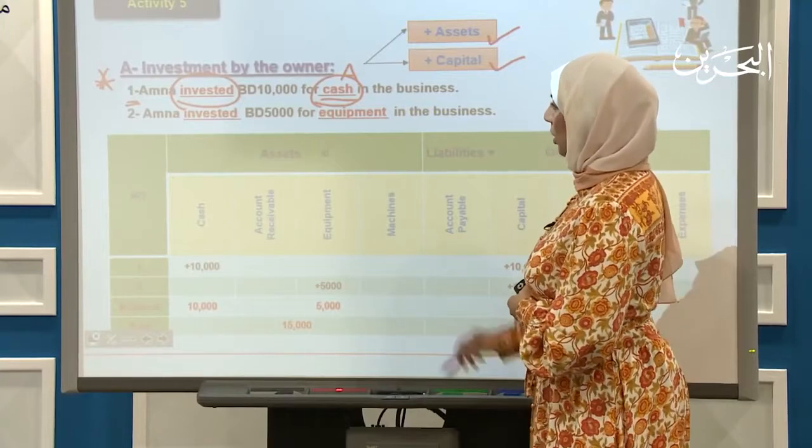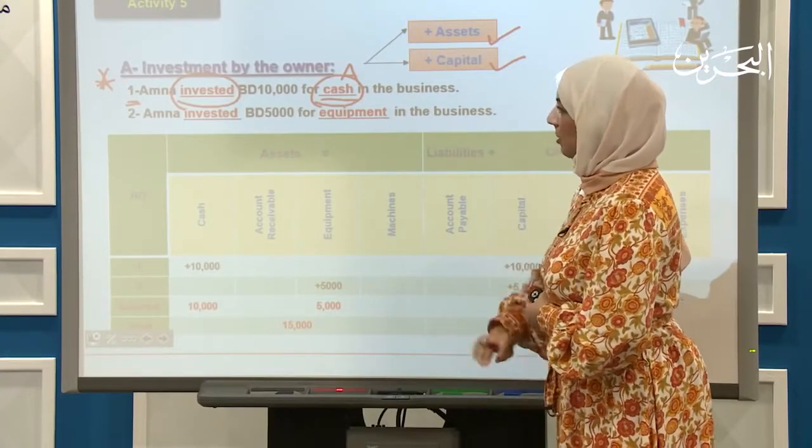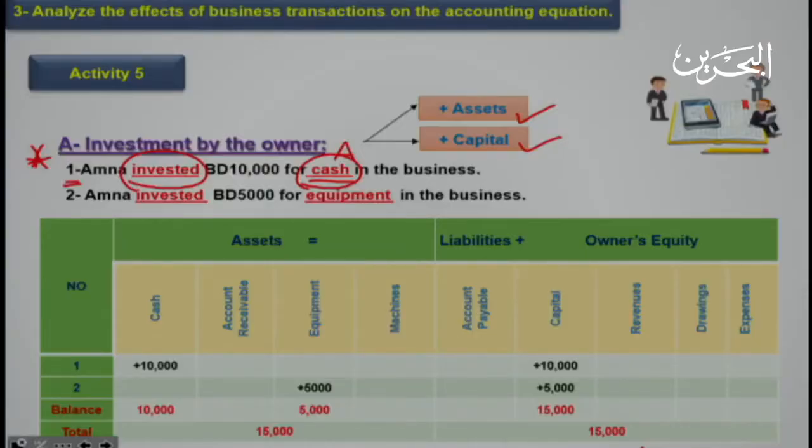If I want to show this transaction in the table, I will come to the assets part under the cash account, and it will be increased by 10,000 that I have invested. So I will enter here in transaction number 1, 10,000, and I will put a plus sign to show that my cash is increased.